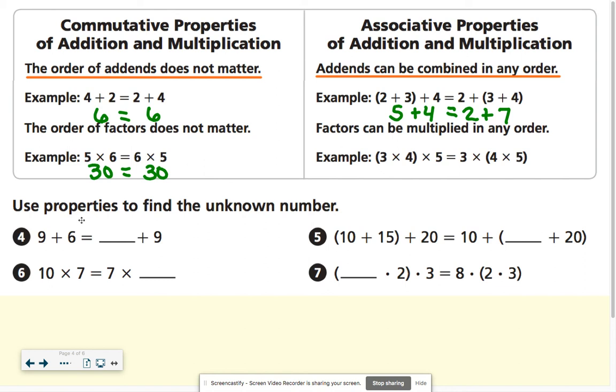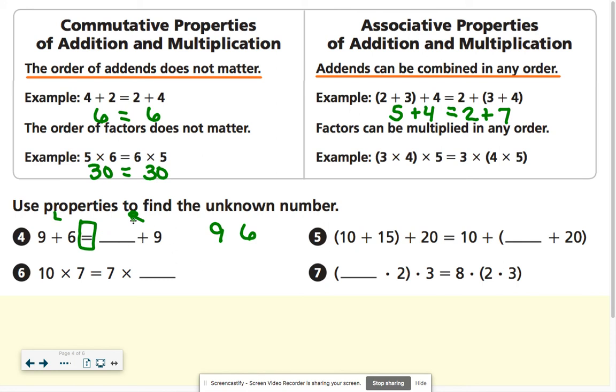We have an equal sign. That means everything on the left side has to equal or be the same as everything on the right side. So on the left side, I have a 9 and a 6. So my two known numbers are 9 and 6.